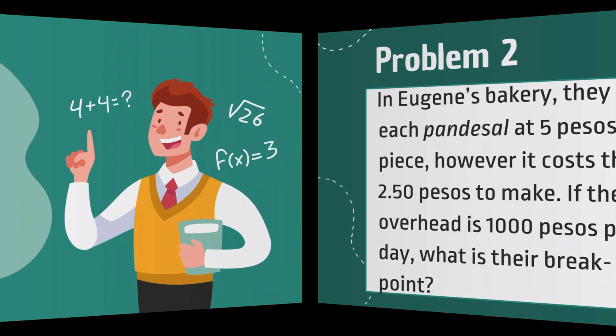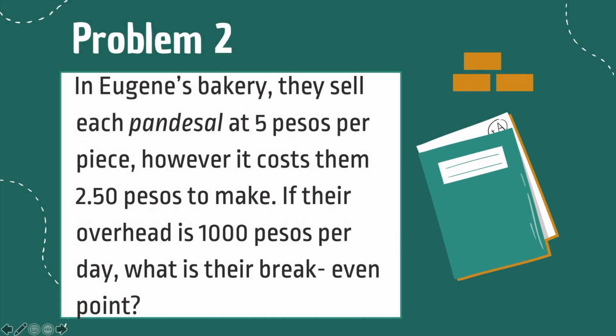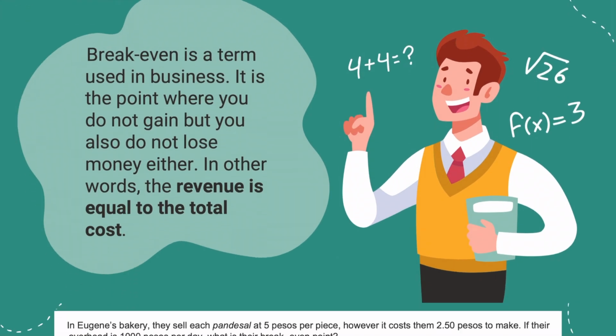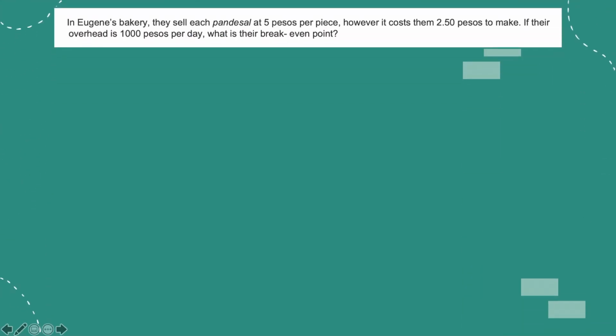So, dito sa problem na to, tinatanong kung kailan magiging ganun, break even. So, meaning wala kang tubo or equal yung revenue mo sa cost mo. Okay, let's analyze each part of the problem. Si Eugene, may bakery siya, nagtitinda siya ng pandesal ng 5 pesos per piece.